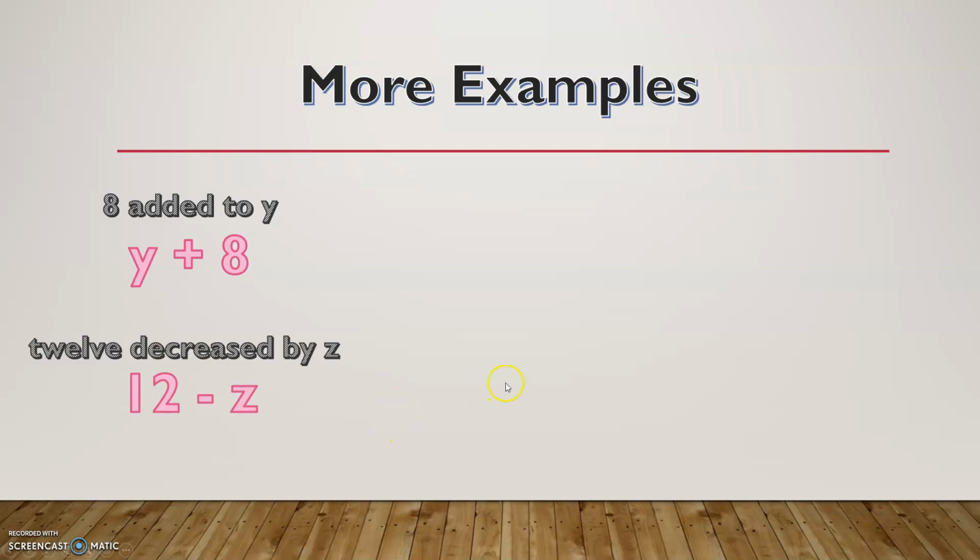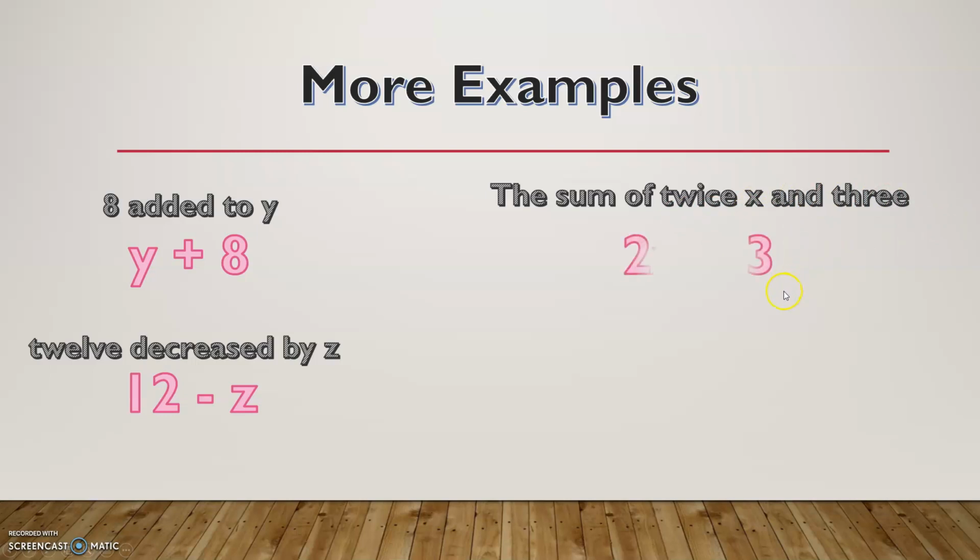Very good. The sum of twice x and 3. As we said, the sum, the difference, the operation goes in place of the and. So that means twice x and 3 will be written as 2x plus 3.